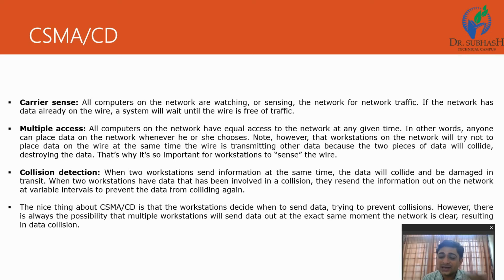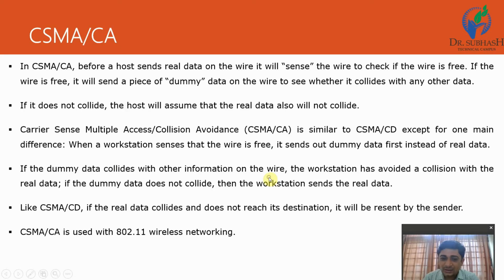And if we cannot sense that the physical medium is free, and perhaps our data may collide, then we have to retransmit our data within the network. Okay, that is CSMA/CD. Carrier sense, multiple access, collision detection.